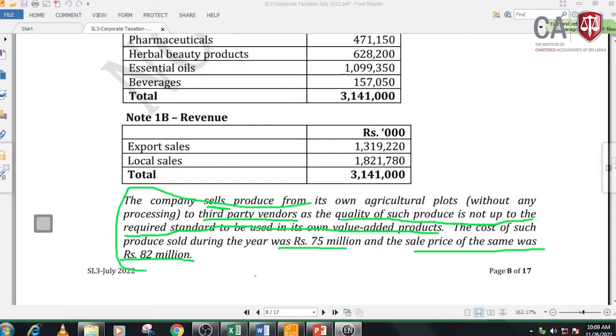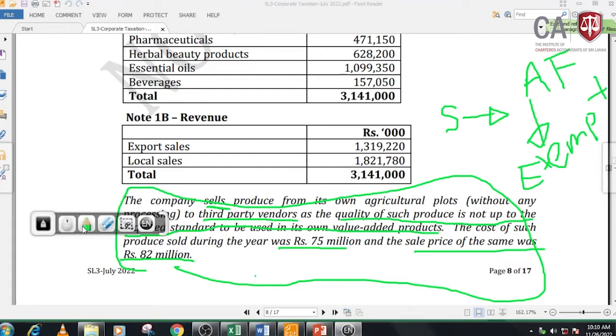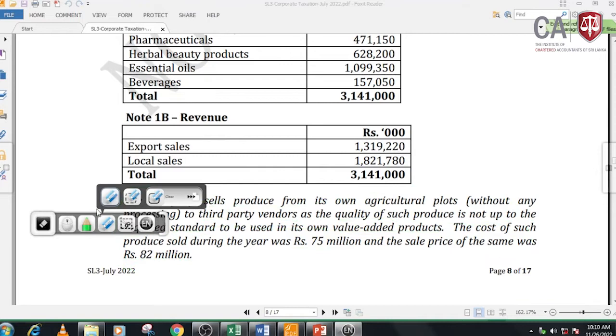What is this? This is totally the selling of the agro farming products. Selling of the agro farming products, what it has given, it is exempted from the income tax. It is exempted from the income tax as per the third schedule for the 5 years period. This is exempt. Clear? Then thereby it is assumed that this exempt profit has also been included in the profit before tax.